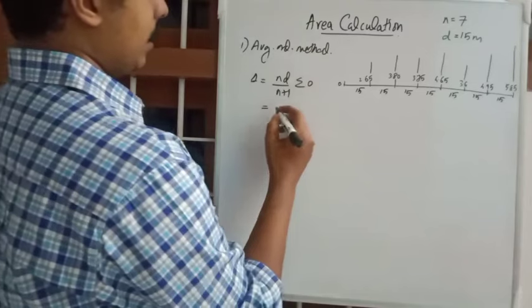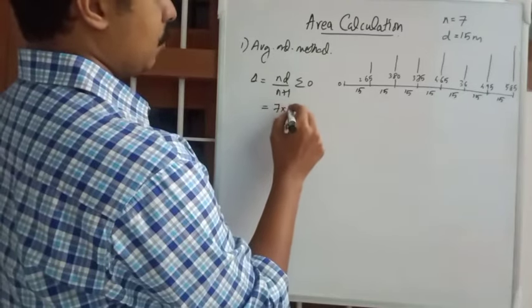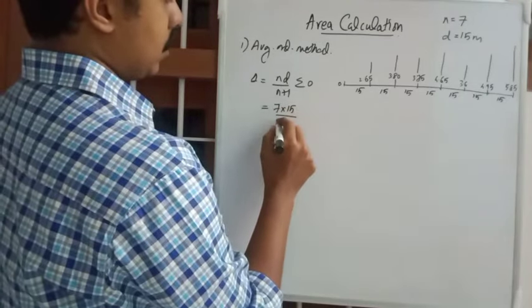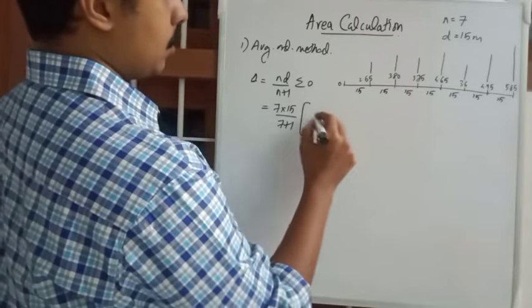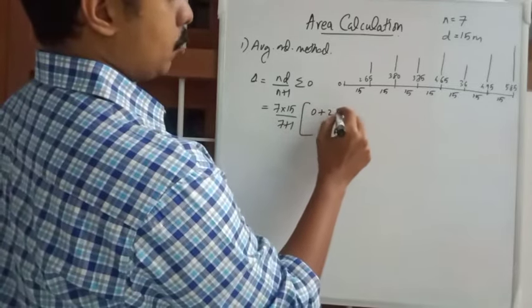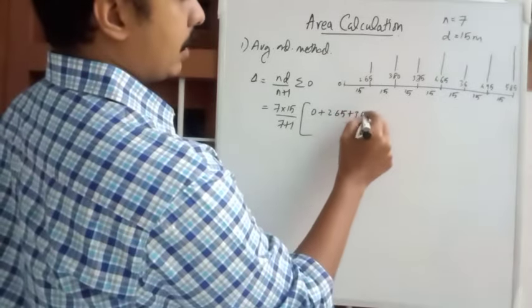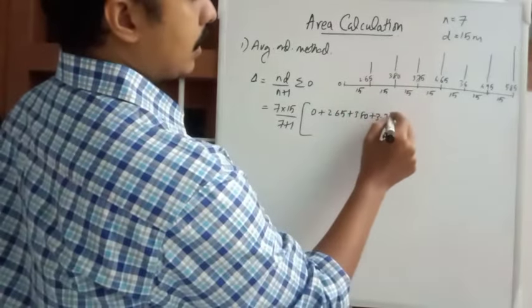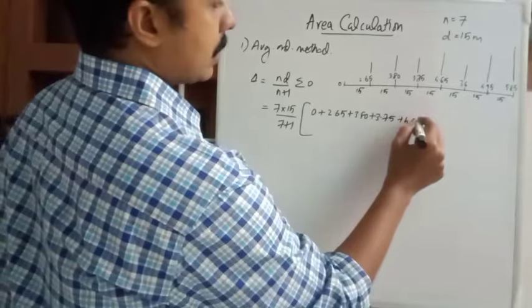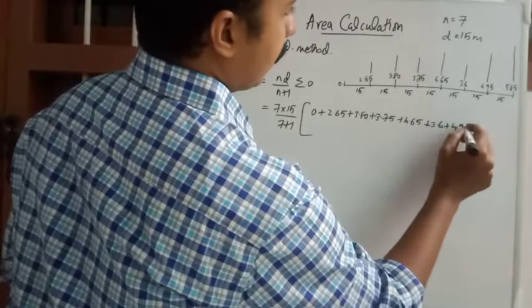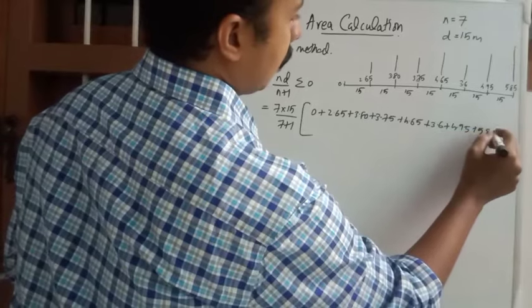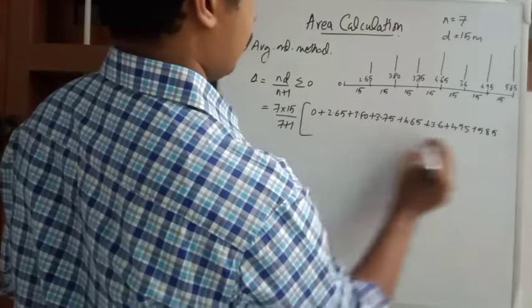So 7 into 15 by 7 plus 1 into 0 plus 2.65 plus 3.80 plus 3.75 plus 4.65 plus 3.6 plus 4.95 plus 5.85.